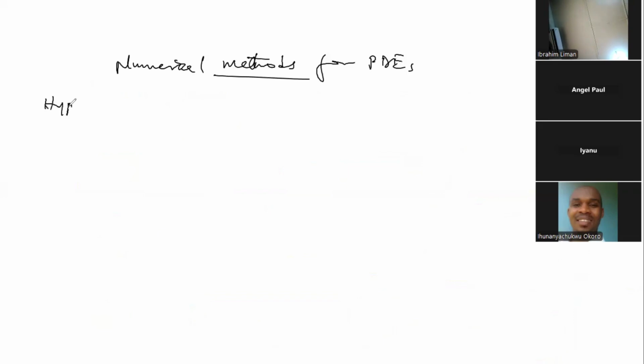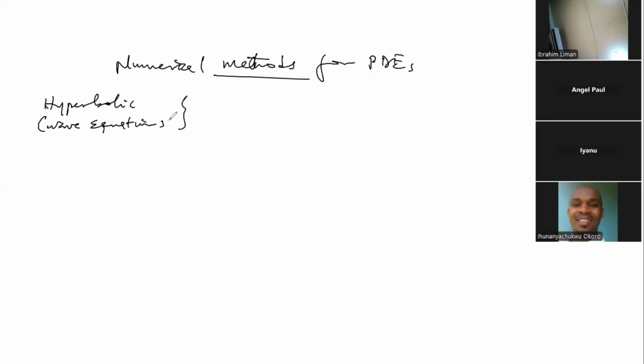So when we talk about numerical methods for partial differential equations, we have the hyperbolic, which are the wave-like equations. So we already know that they have sharp wavefronts, they propagate along the characteristic.